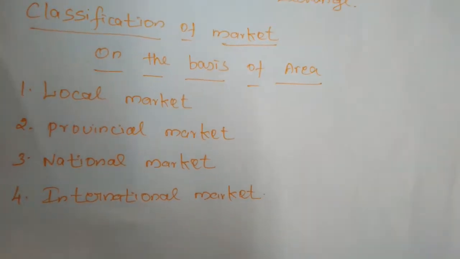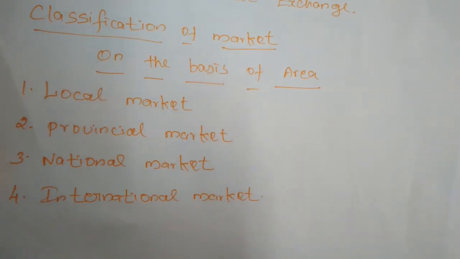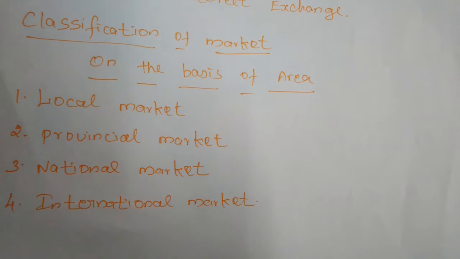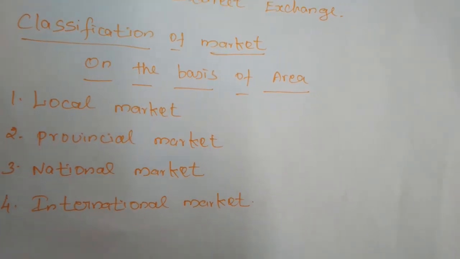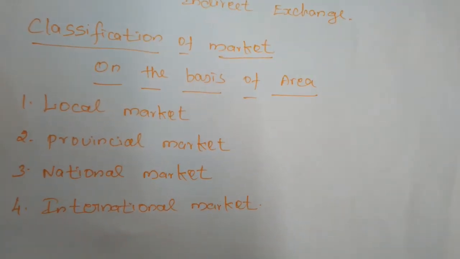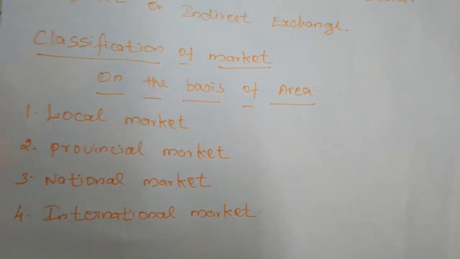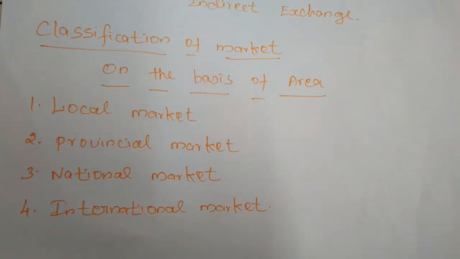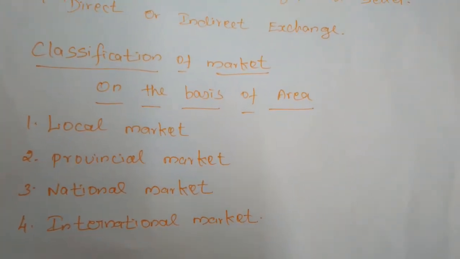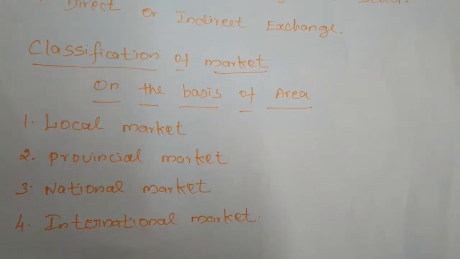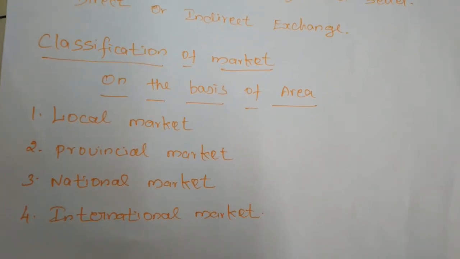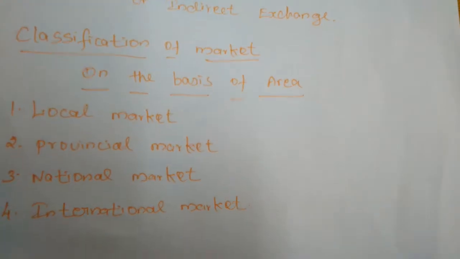Here the product produced is consumed by another nation. The product is produced within one nation, and the sales of that commodity happen beyond the particular boundaries, in another nation. This is considered an international market.